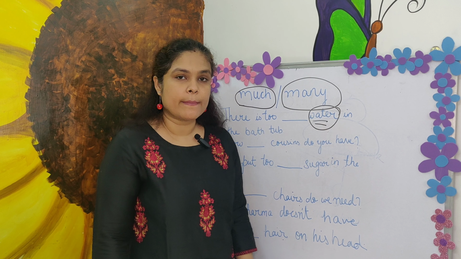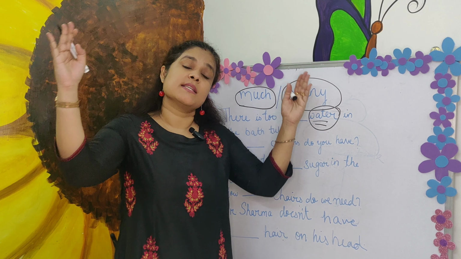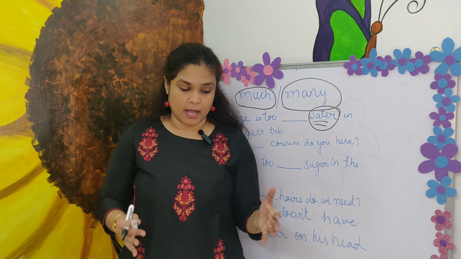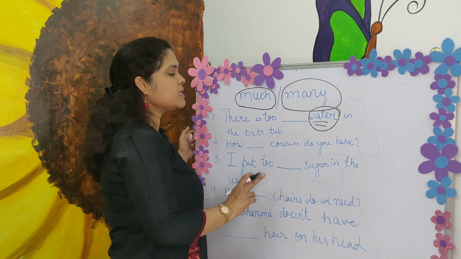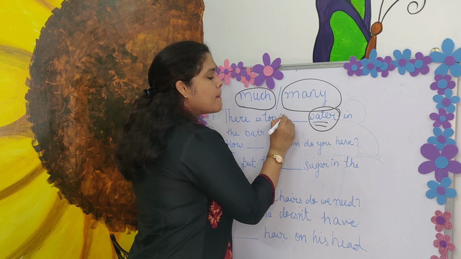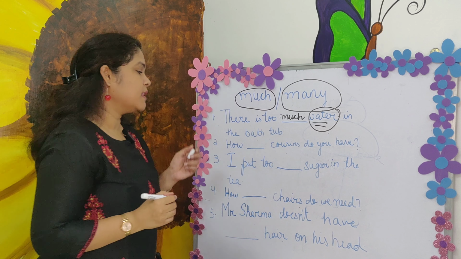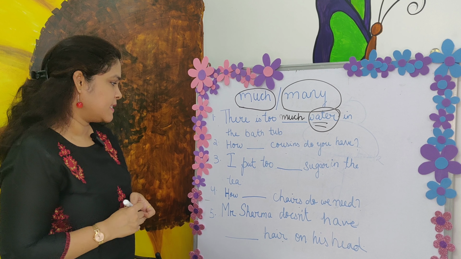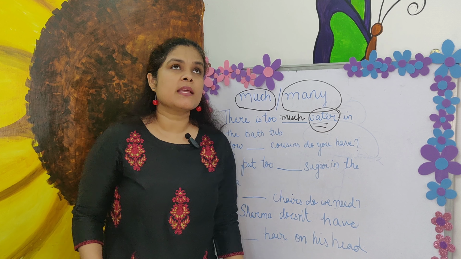I am not talking about a glass of water. I am talking about water as a whole. So in the bathtub, there is a lot of water. So what will be the answer for this? There is too much water in the bathtub. Next is, how dash cousins do you have? Please think in your mind.